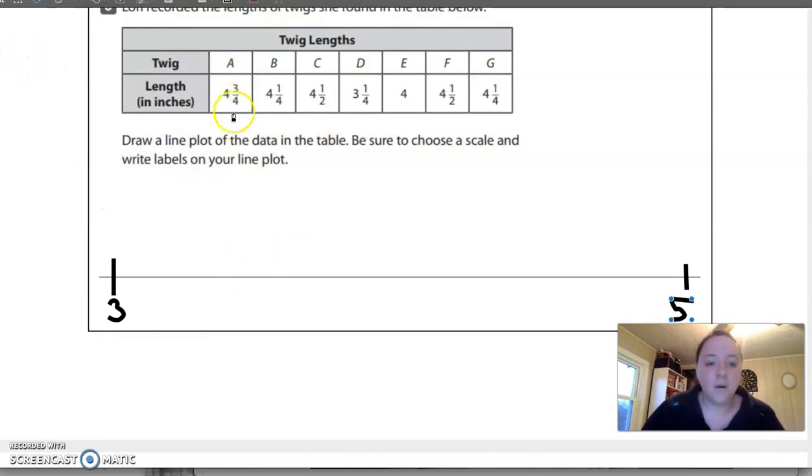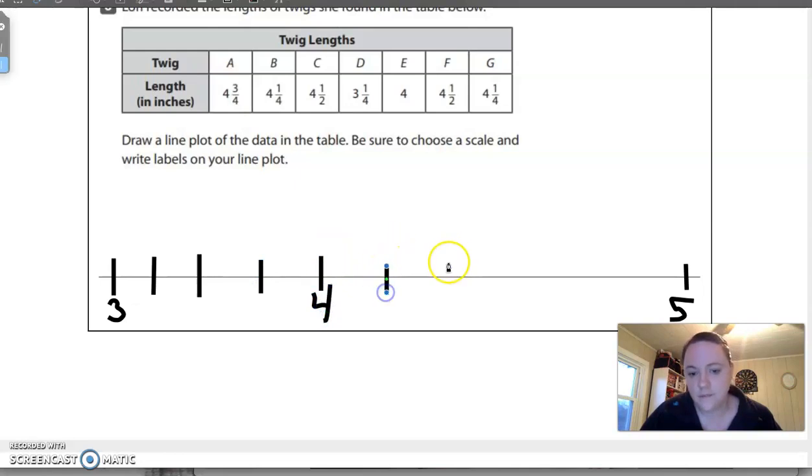Okay, now we need to break it apart either by halves or fourths. I'm going to choose fourths and I'm going to show you in a minute why. So we know that we need lines in between each one. So 1 line, 2 lines, 3 lines, number 4. 1 line, 2 lines, 3 lines.